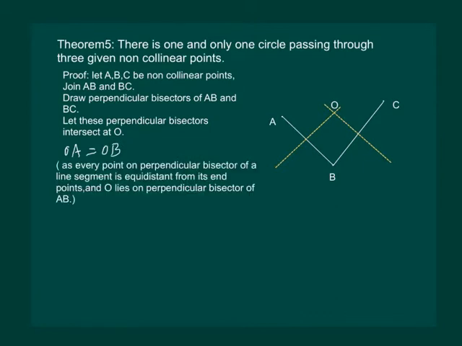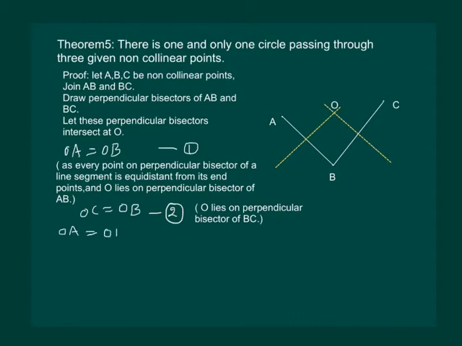And for the same reason, since O lies on the perpendicular bisector of the line segment CB, OC is equal to OB. Let us mark them 1 and 2. From 1 and 2 we have OA equal to OB equal to OC.